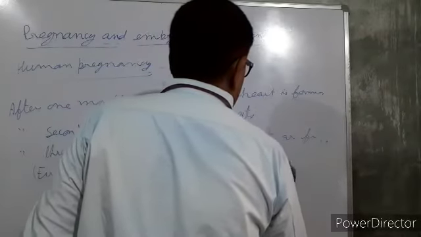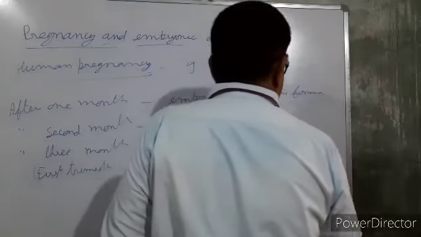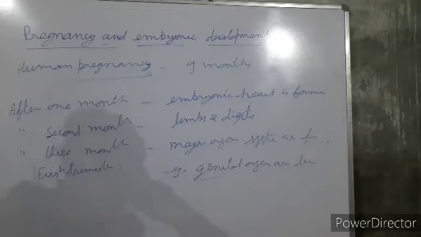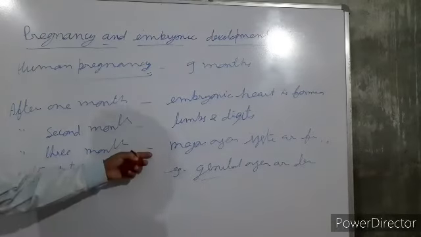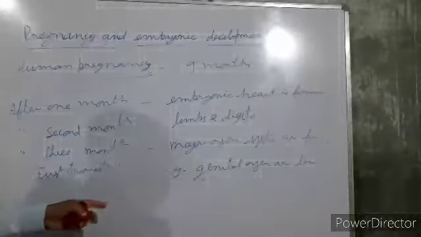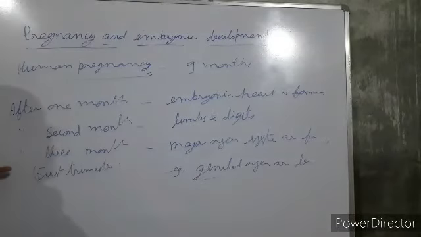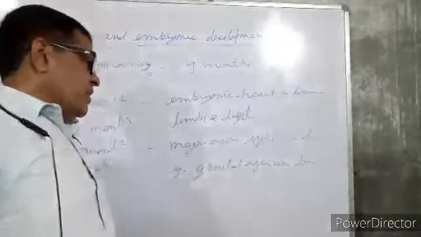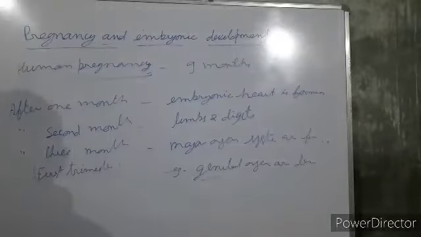Genital organs are developed in the first trimester, and by different methods during the pregnancy test, people know the sex of the child.